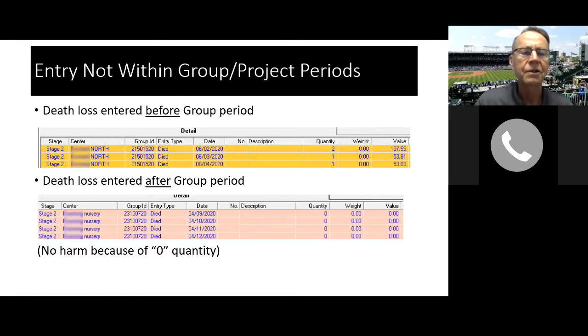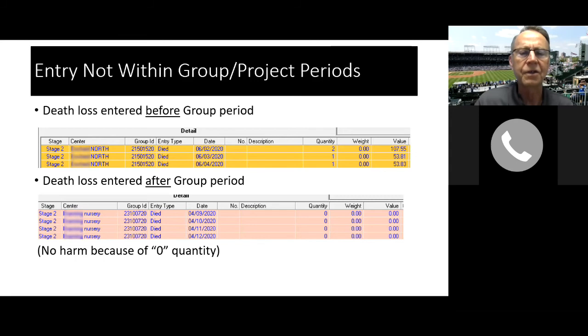Now here are some entries before and after the group period. In this case, death loss. Why they enter death loss before the group period, I don't know, but that will screw up the divisor for a cost, and so you'll end up with a variance because it didn't recognize that these inventory changes occurred.